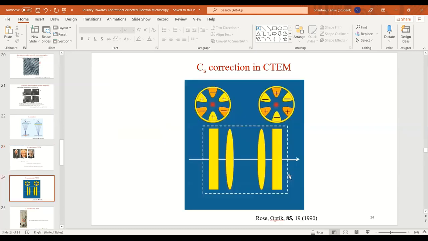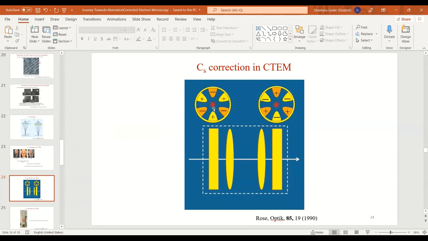On the principle of the hexapole lenses, they used a double hexapole lens. So what you have is basically a hexapole. The plus and minus signs just correspond to north or south poles, and this is the central tube through which the electron beam passes. Because of the rotational asymmetry, you end up with a distorted beam.